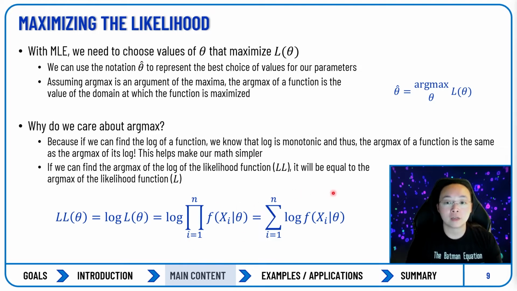And if we take the log of everything, then we can simply sum it all up, because this is a multiplication, and the log turns the product into a sum. So we have the summation of the log of each individual distribution. With this, the next step is simply to try and find the maximum value, which we'll go through in a bit.